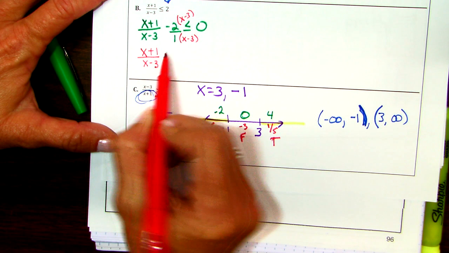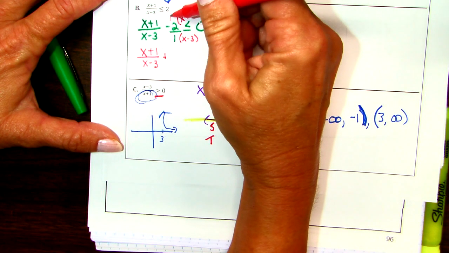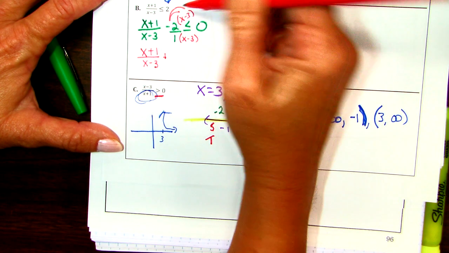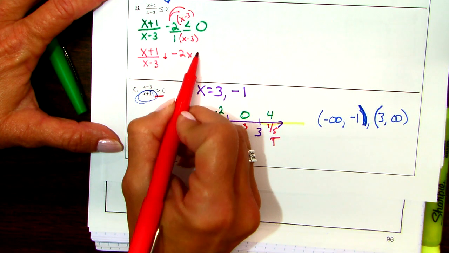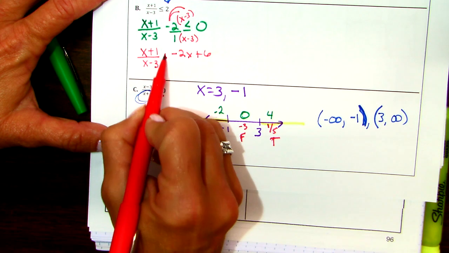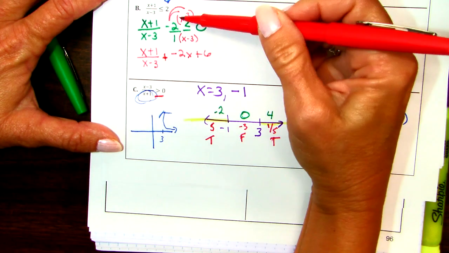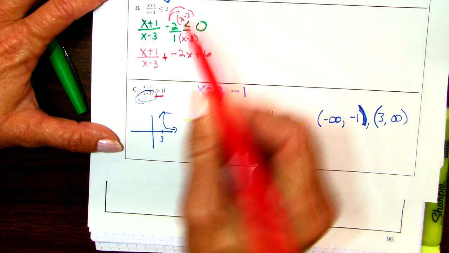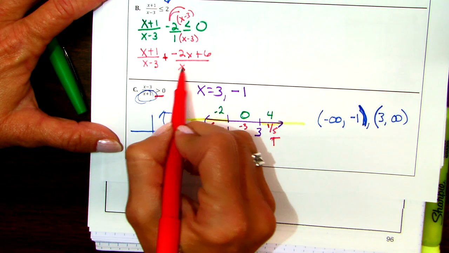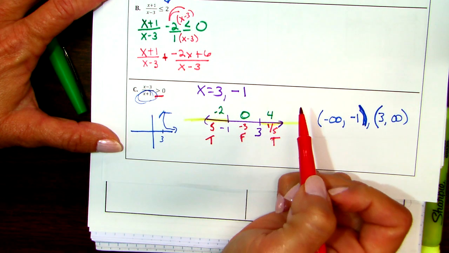And I'm just going to put a plus here because I'm going to take care of this -2 when I distribute. And I will end up with a negative here, so I could have left it, but I wasn't sure. So -2 times x is -2x. -2 times -3 is +6. Now they have the same denominator.